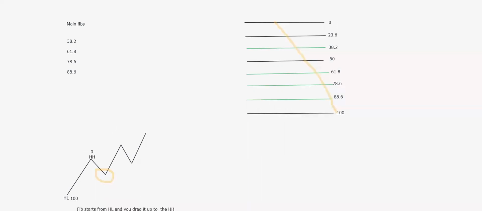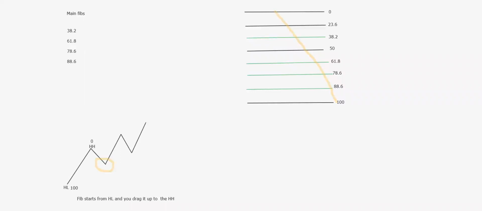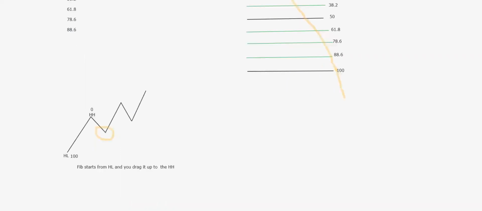Based on what we've learned, what do you guys think is going to happen if price comes below 100%?